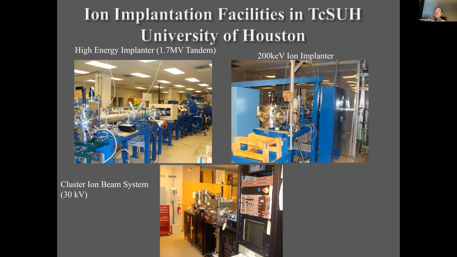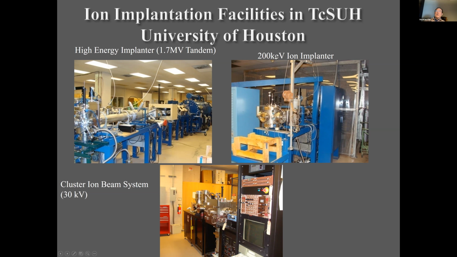So first, you're all familiar right now, most of the students working in this lab. We have the high energy implantation, which is in the upper left corner. The long beam line will give you the MeV or several hundred keV type of implant.